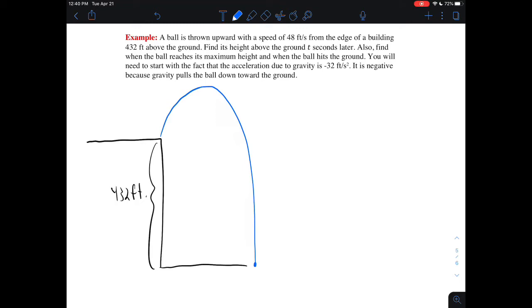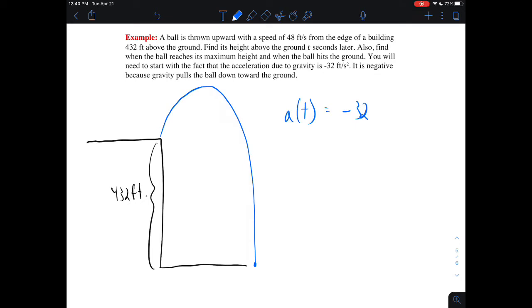So we're starting with the fact that there's acceleration. The acceleration that's acting on this ball at any point in time is always negative 32 feet per second squared. And I'll leave the units out of this because we understand that acceleration is going to be feet per second squared, velocity is going to be feet per second, and then position is going to be feet.